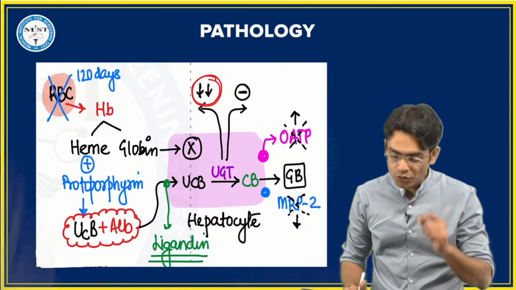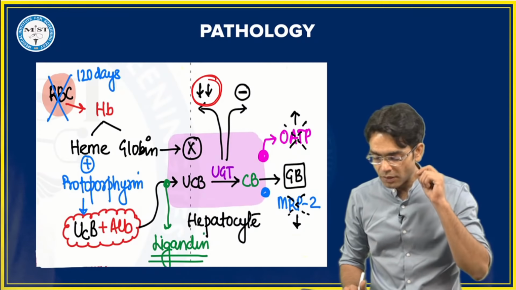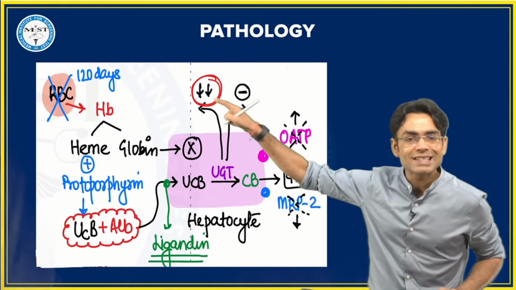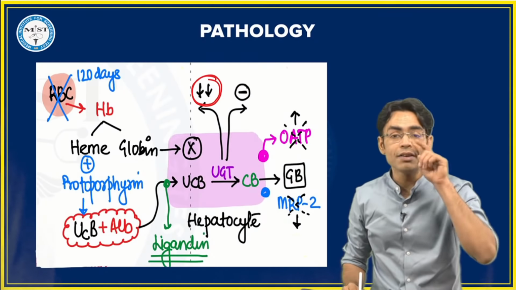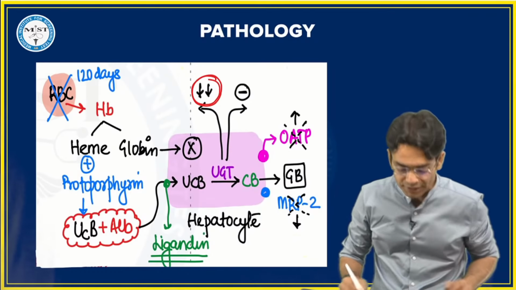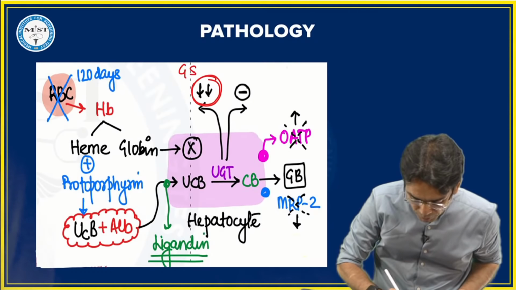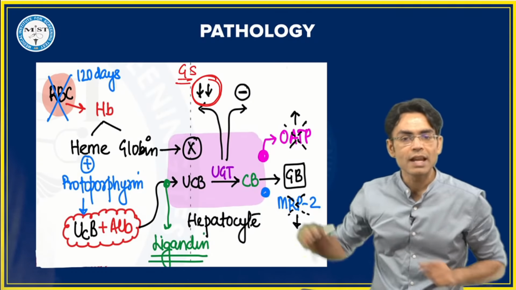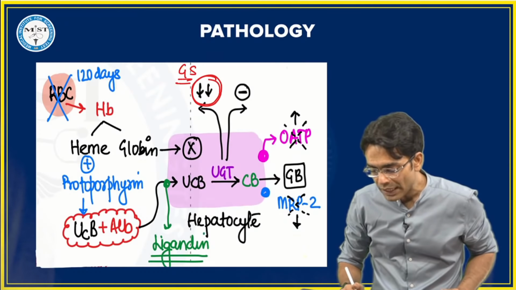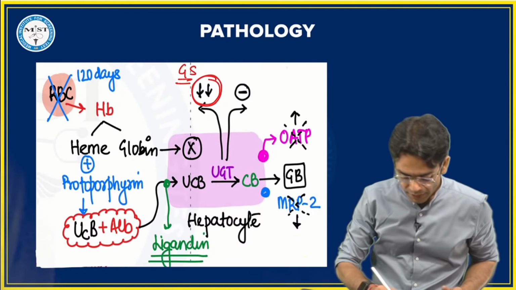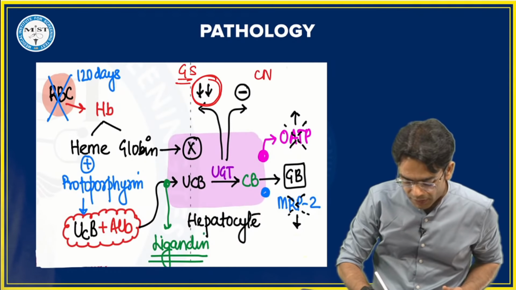So this is your first hereditary hyperbilirubinemia. This is your Gilbert syndrome. So I'm writing just GS. And if somebody is having absence of UGT, as you people have already answered, then it is Crigler-Najjar syndrome.